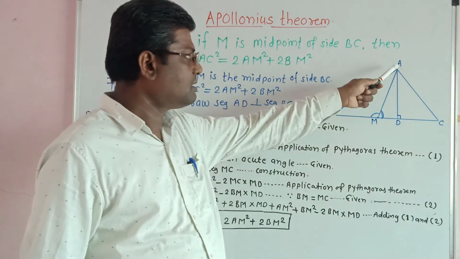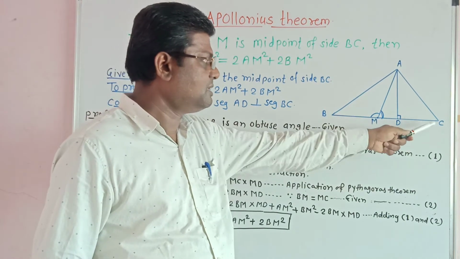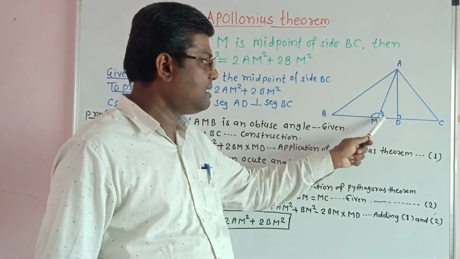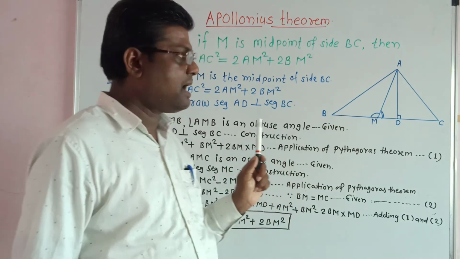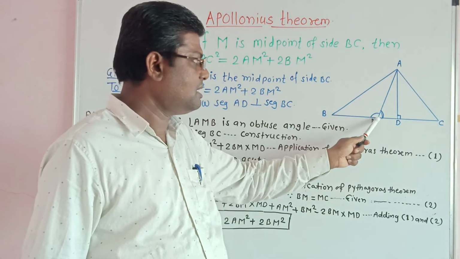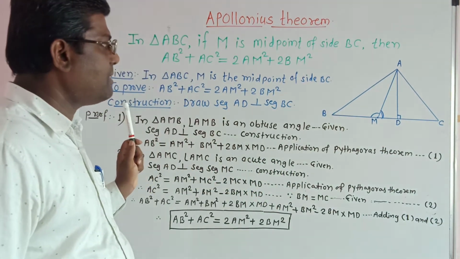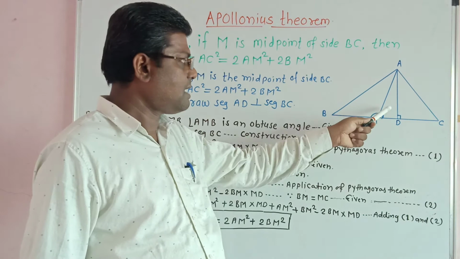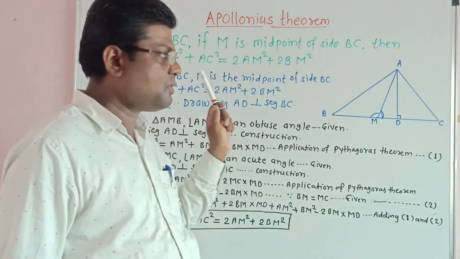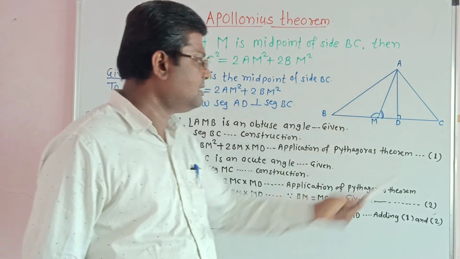Now consider the other triangle, triangle AMC. In this triangle, angle AMC is an acute angle and segment AD is perpendicular to segment BC. Therefore apply Pythagoras theorem for this triangle. The side opposite to this angle is AC.